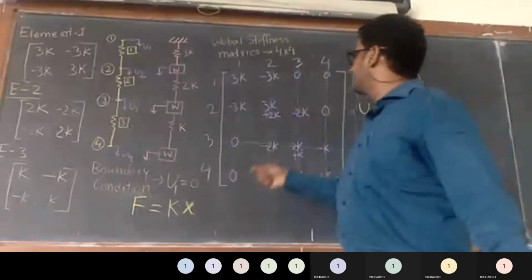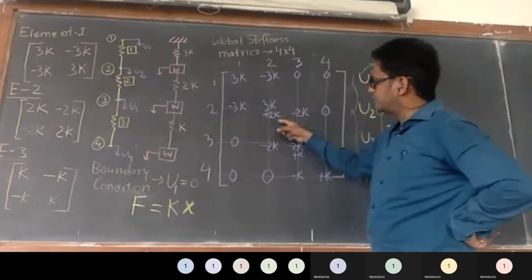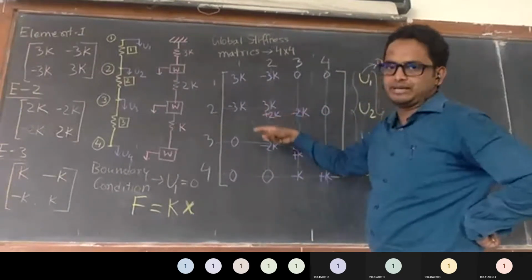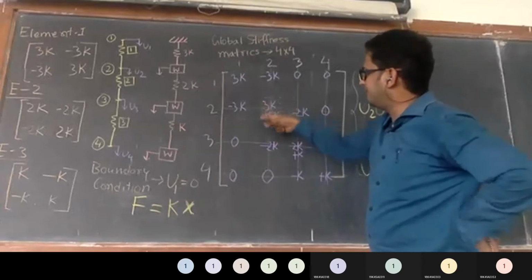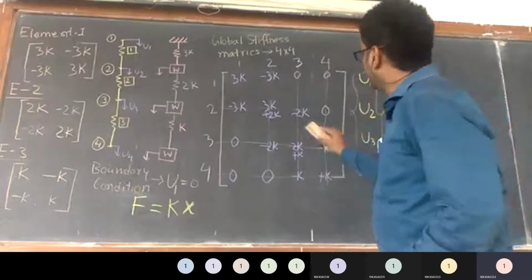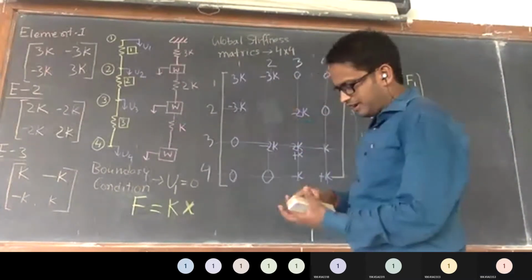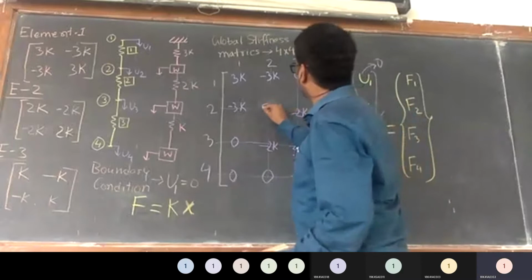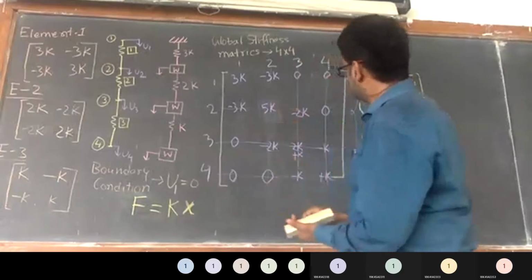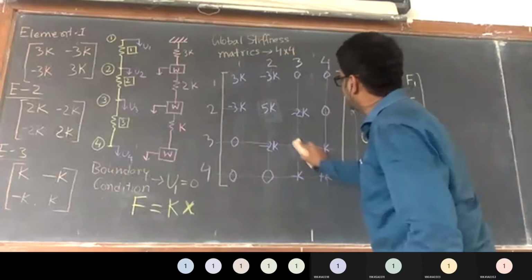Now, you have to make this term U1 equal to 0 and you have to simplify this. If you simplify this, what you will get? You can see here 3K plus 2K. So it will become 5K. So can I write here 5K? Yes, sir. So here I am going to write 5K. Similarly, 2K plus K. Can we write 3K?